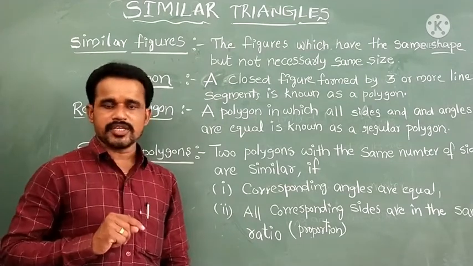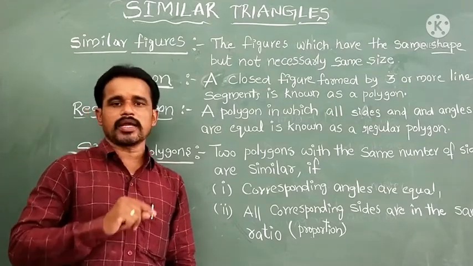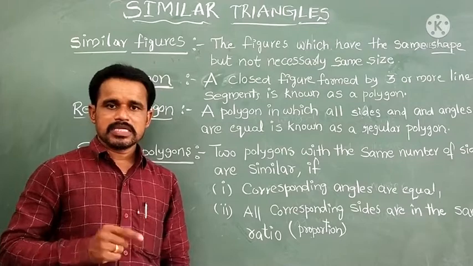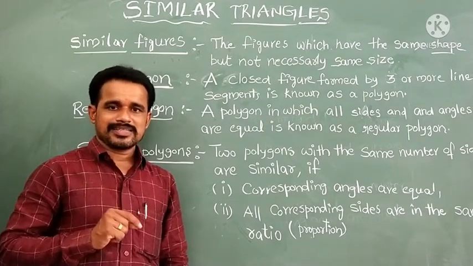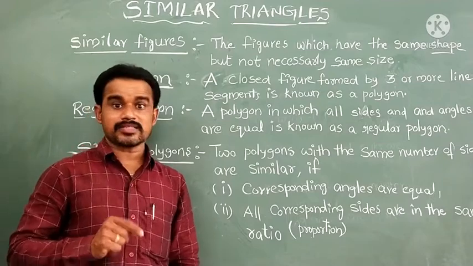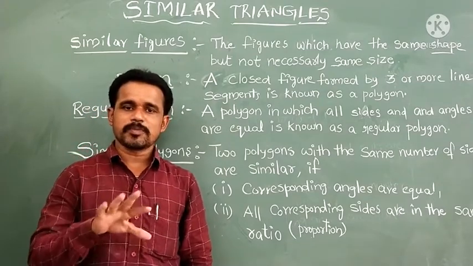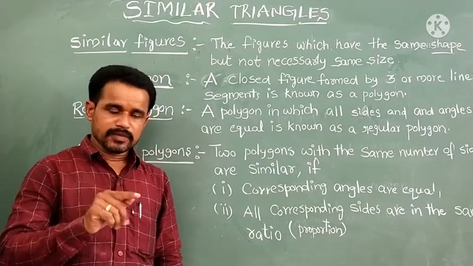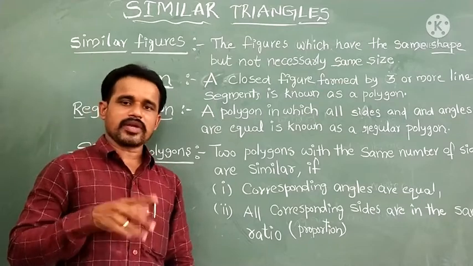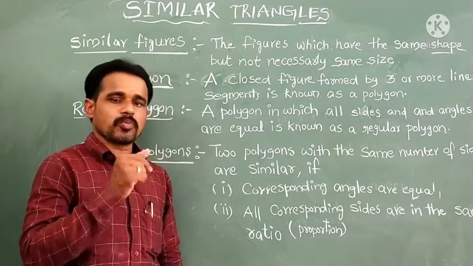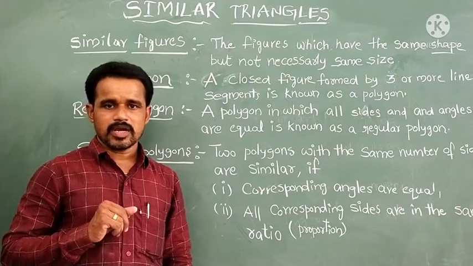The first condition is all the corresponding angles in those two polygons are equal. The second condition is all the corresponding sides' ratio should be the same. If those two polygons follow these two conditions, then we can say that those two polygons are similar polygons. Have you got my point?